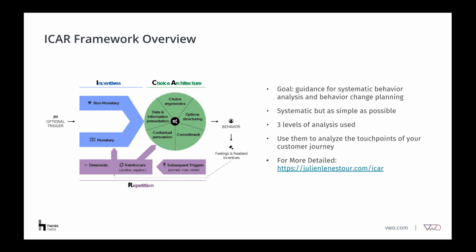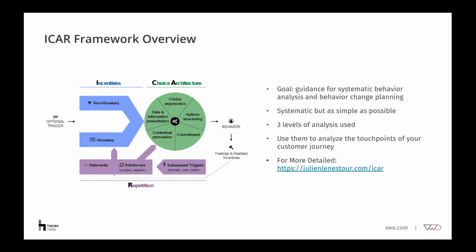And there are basically 3 levels of analysis used. We are looking at the incentives. So each behavior can start with a trigger, which is optional, or it starts with a need. I need to buy an item online on an e-commerce website. In any case, I have this need, so I will do the behavior of buying it.